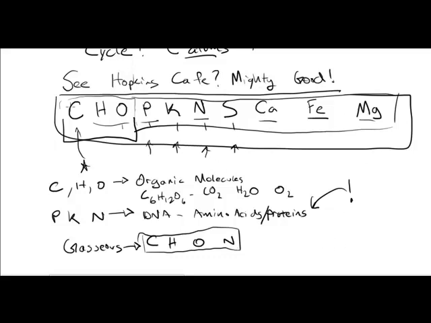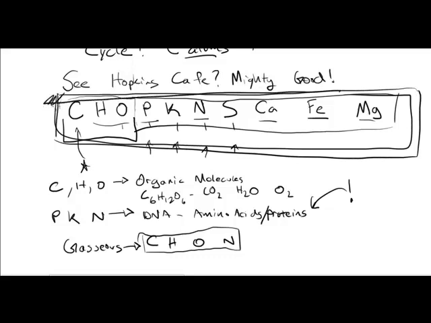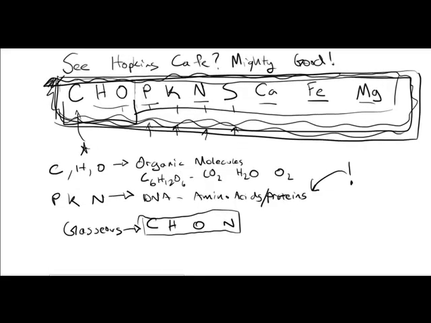Every one of these macronutrients is only available to consumers like us because plants have taken them in and stored them in their bodies. And then either we eat plants or we eat organisms that ate plants to get our share. So plants get the CHON from the air, and then plants get all the other stuff dissolved in water.